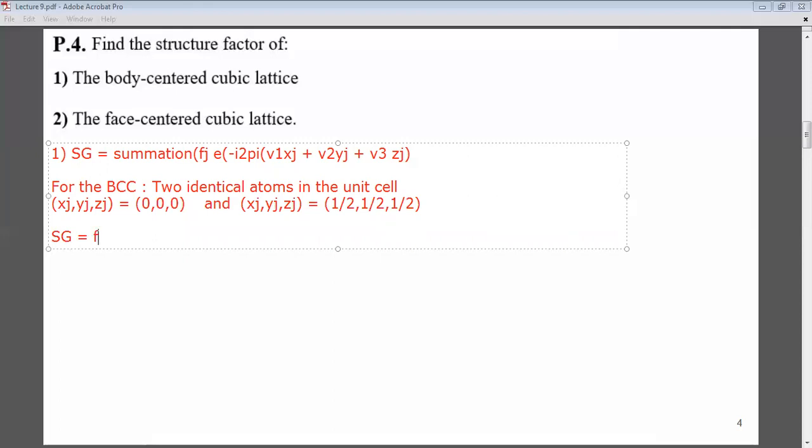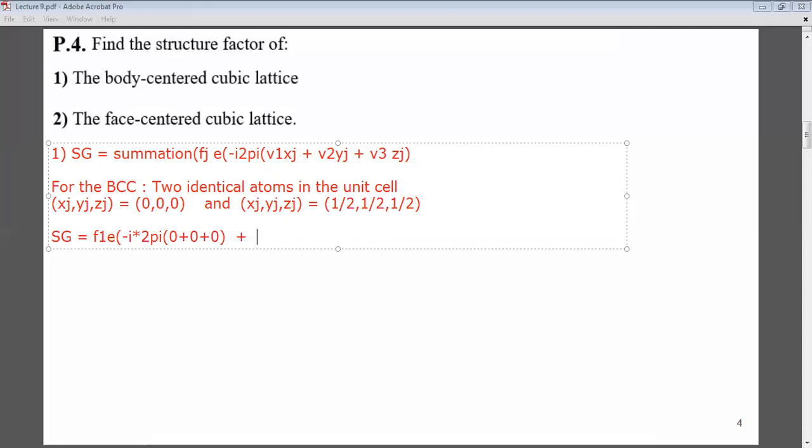The first term is F1 for the first atom, exponential minus I multiplied by 2 pi into V1 times 0, so that's 0, plus V2 times 0, plus 0. So this is the first term.